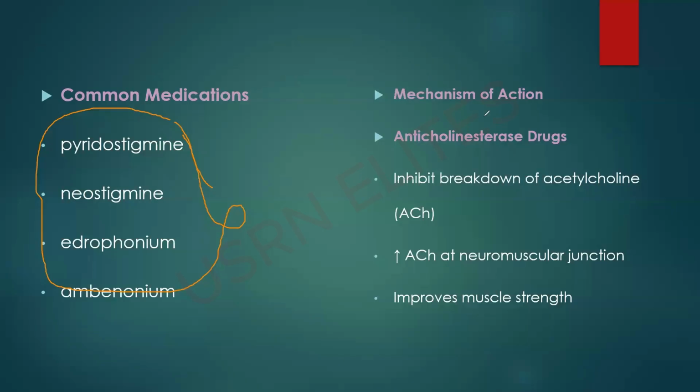All right, so just to let you know, let's look at how this one works. It inhibits the breakdown of acetylcholine at the neuromuscular junction, thereby increasing acetylcholine at the neuromuscular junction. You know, the other one was in the brain with Alzheimer's disease. This one is at the neuromuscular junction. And when acetylcholine is improved at the neuromuscular junction, you now have an improvement in muscle strength.